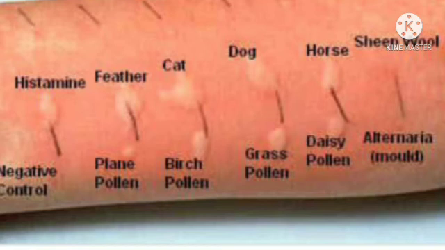Common areas for testing include the inside of the forearm and the back. If the patient is allergic to the substance, then a visible inflammatory reaction will occur in about 30 minutes.